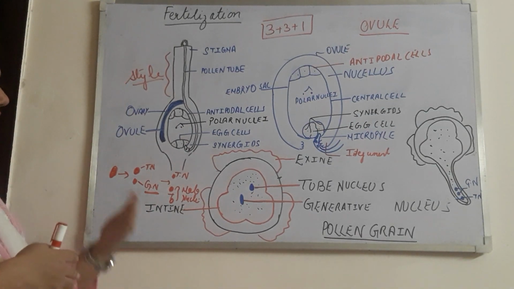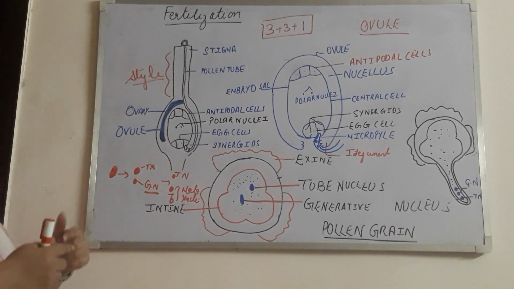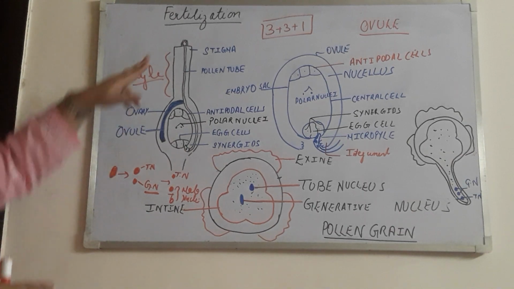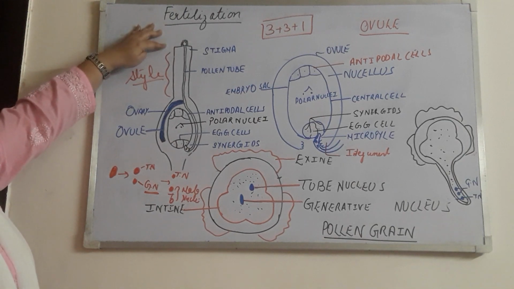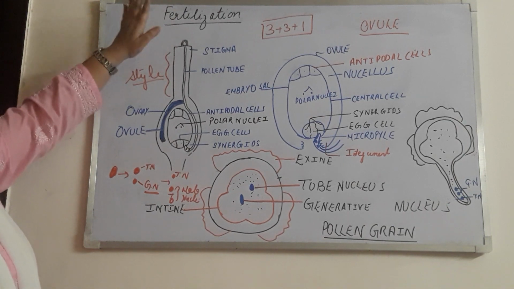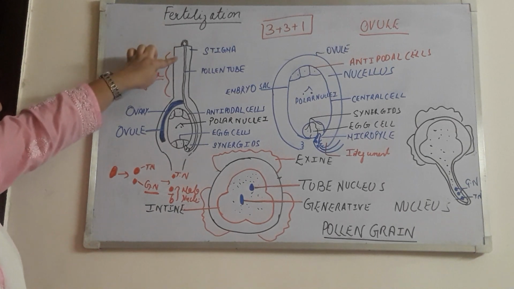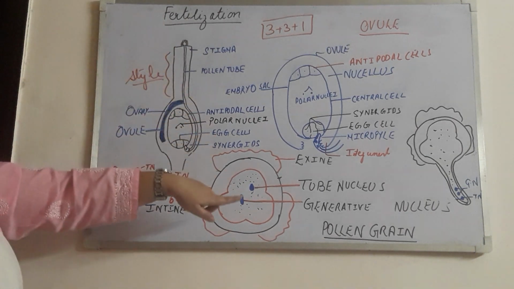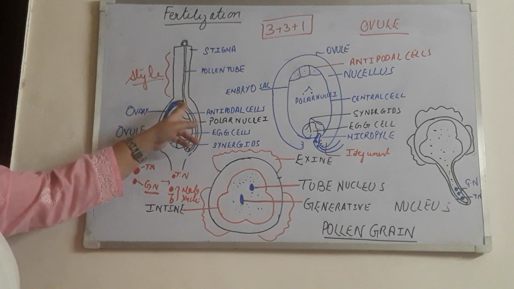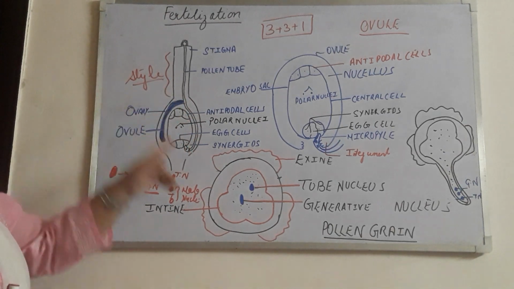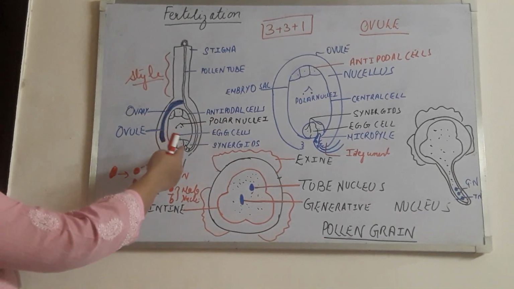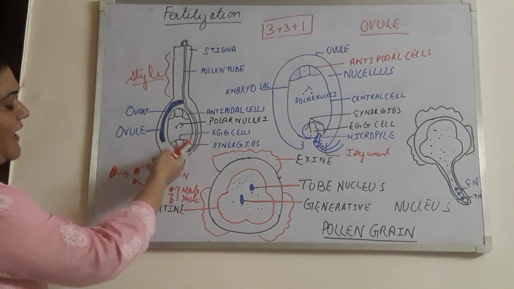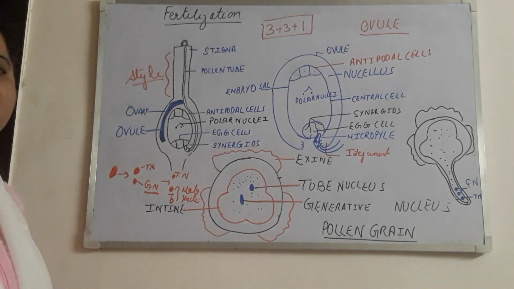So I just want to recap it quickly. What was the first step in fertilization? Pollination. The stigma secretes sugars, and then pollination starts. Then a pollen tube forms from the pollen grain, with the help of the tube nucleus. Once the pollen tube enters the micropylar end, the tube nucleus will disintegrate.